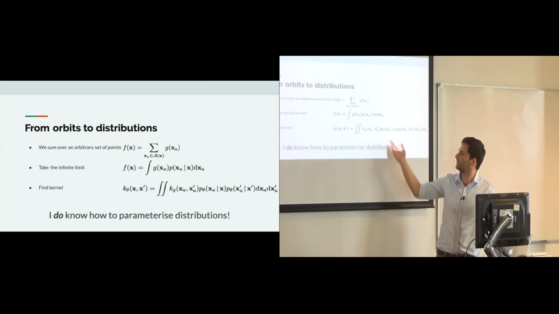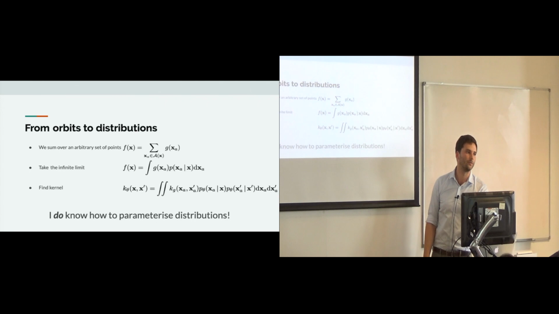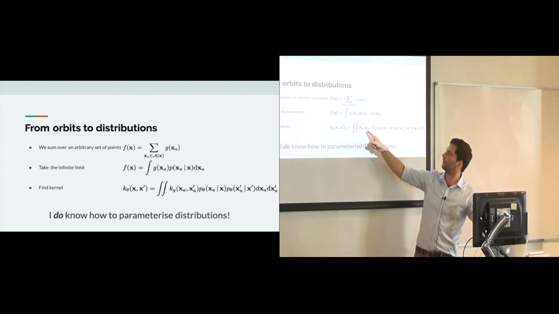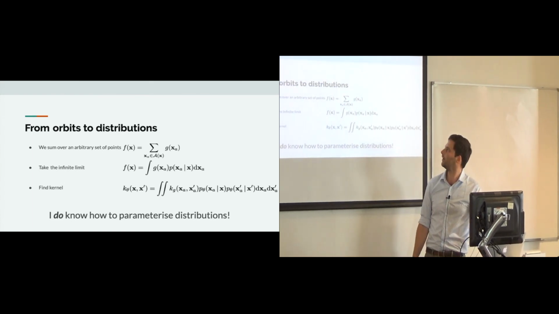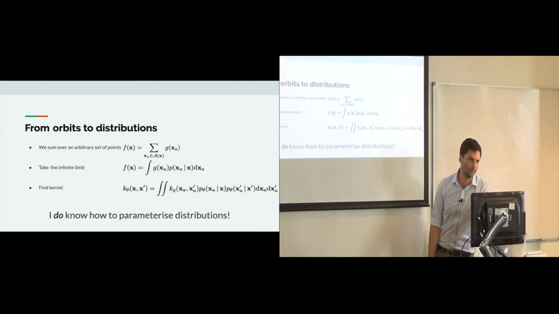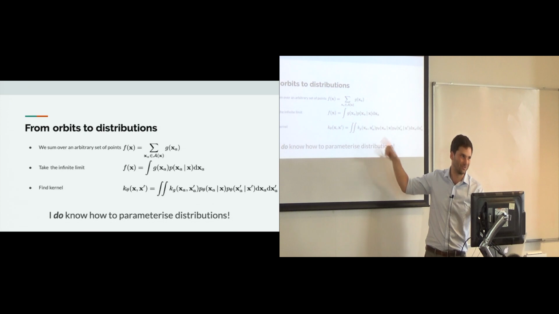And then we essentially find a very similar kernel to the double sum kernel that we saw earlier. Here we've got a double integral kernel where we integrate over a prior of this g function that we use to construct our f. And we integrate this over, essentially, the density of points that we smear out over. So the nice thing now is that I do know how to parameterize distributions, although the downside is that I don't know how to compute these integrals.